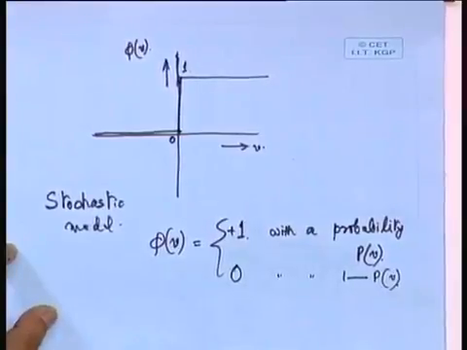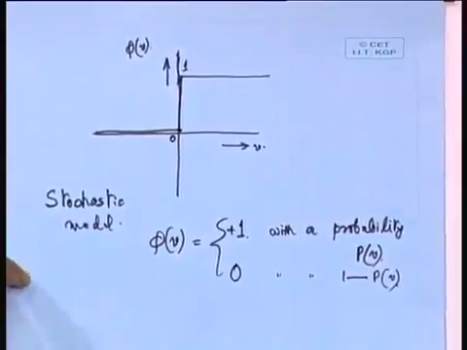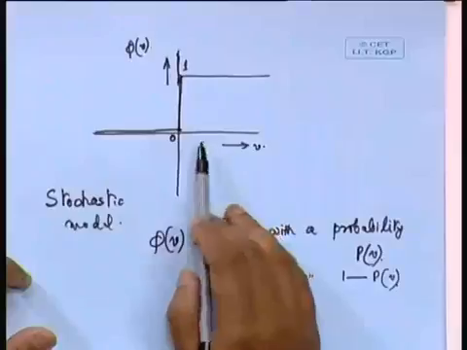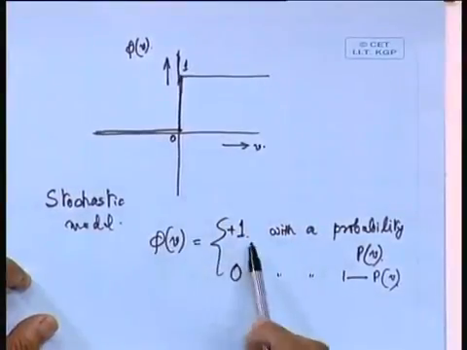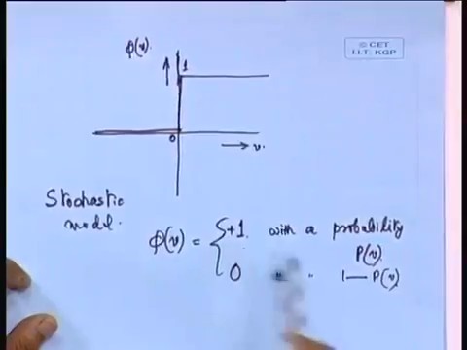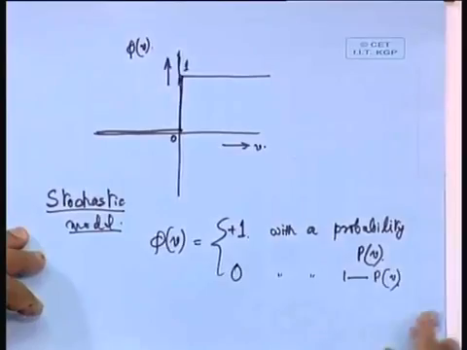What does that mean? We define a probability that, given that V is greater than or equal to 0, phi V will be equal to plus 1 with a probability P(V). So it's not always true that given V is greater than or equal to 0, it has a value equal to unity. It is probabilistic in nature. That's what the stochastic model tells us.